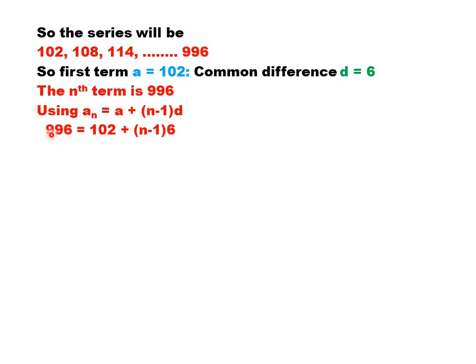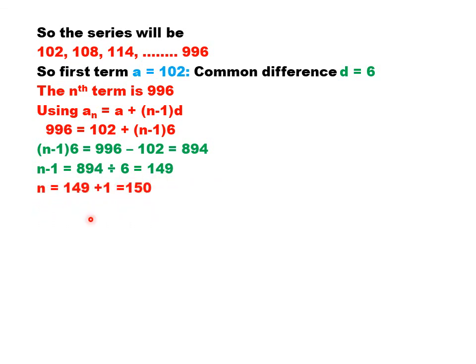So 996 is equal to 102 plus n minus 1 into 6, or n minus 1 into 6 is equal to 996 minus 102, which is equal to 894. Or n minus 1 equals 894 divided by 6, which is equal to 149. Or n is equal to 149 plus 1, which is 150.